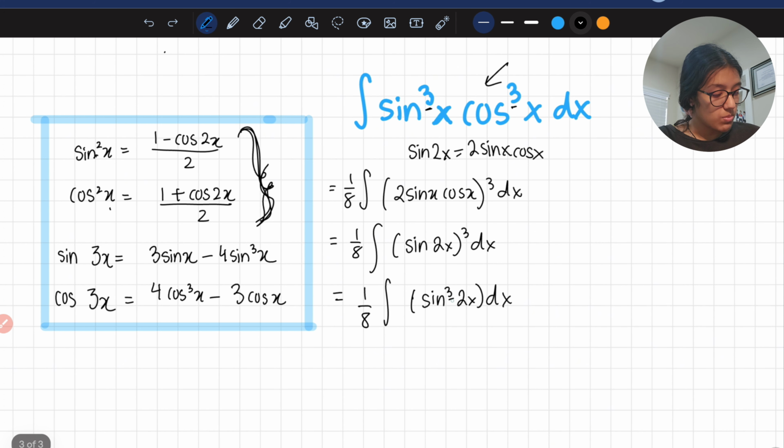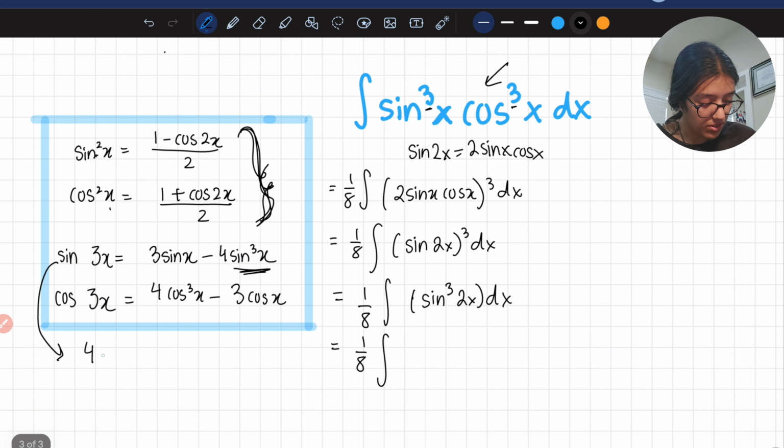So in this case, we have sine cubed 2x. So let's actually rewrite that. We have 1/8 integration of this. I'm going to solve for 4 sine cubed x equals 3 sine x minus sine 3x.